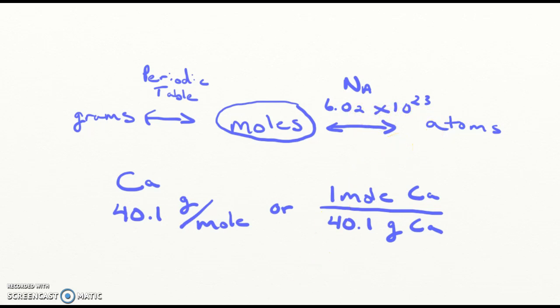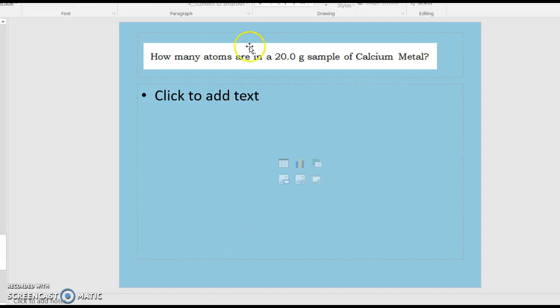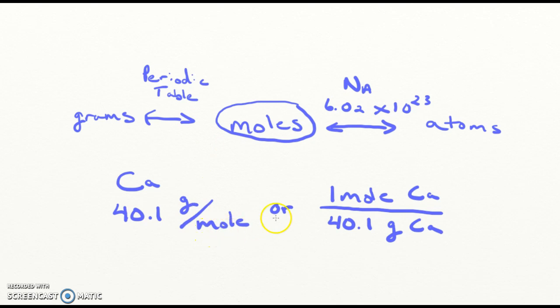I'll go back to the PowerPoint to show you where we start off. Remember, we always start with our given. So we have our given right there of 20.0 grams of calcium. Next, I need to change these grams to moles, and I do that using this conversion right here. I'll circle it for you.